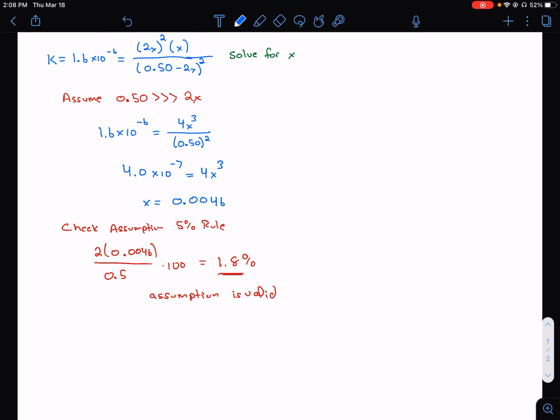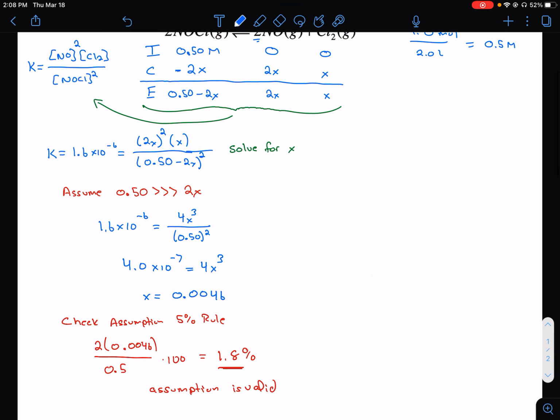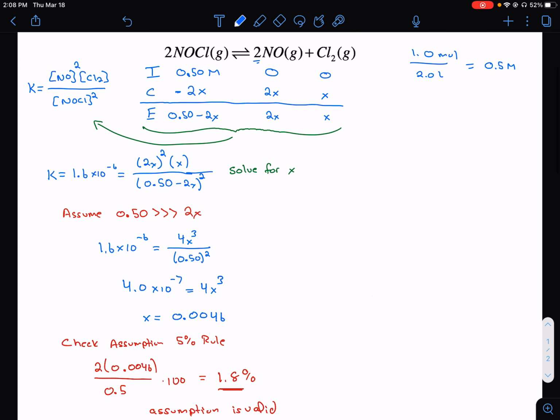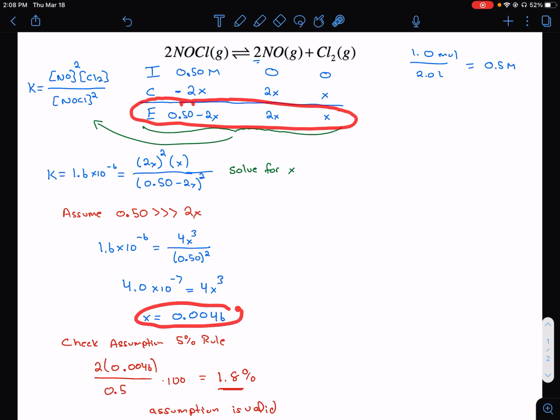So now we know what x is. And if we come back up to the top, this equilibrium row gives us expressions for the equilibrium concentrations of everything in our reaction in terms of x. And now we know what x is, so we can come back and just substitute.